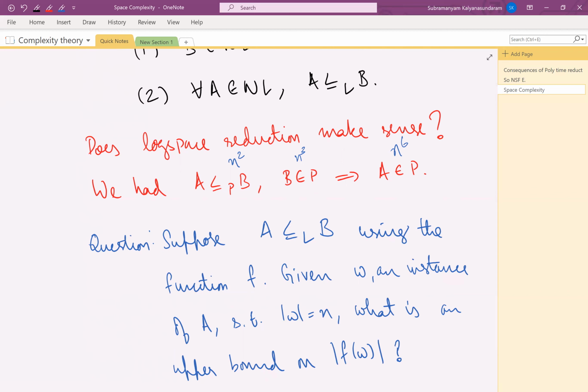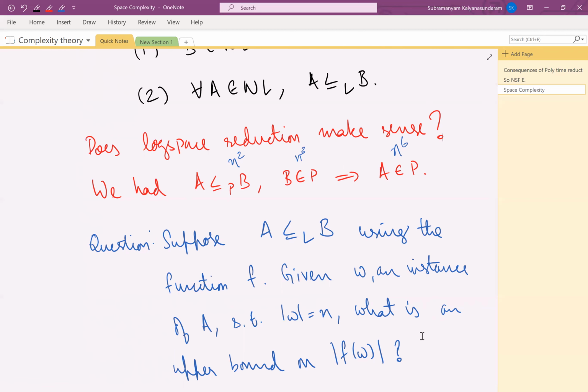But given a log space reduction, given an instance of A, W, such that W is of length n, what can we say about the length of the transformed instance, the length of F(W)? So we know we are given W, which is of length n. Now we run a reduction machine. The only thing that we can say about the reduction machine is that it takes only log space.